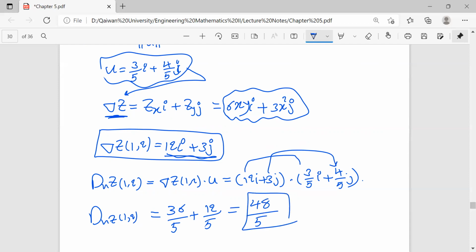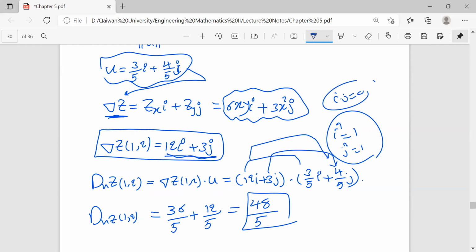Directional derivative is always a scalar. Okay, it's not a vector. We say I squared equals 1 and J squared equals 1, because here I times I is I squared and you get 1. That's why you don't write down this. But I times J is 0. That's why we don't multiply this by that one.